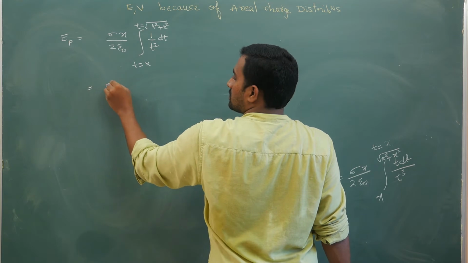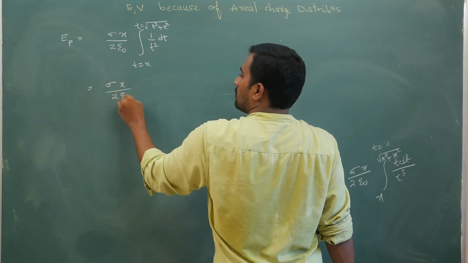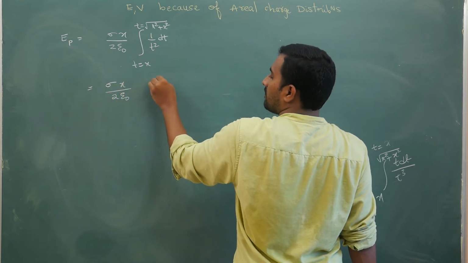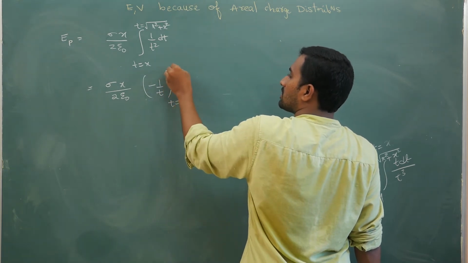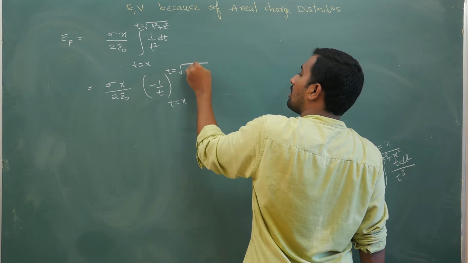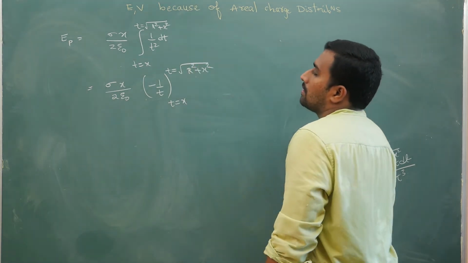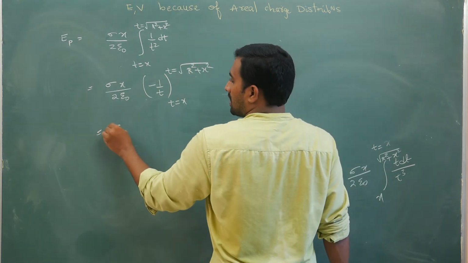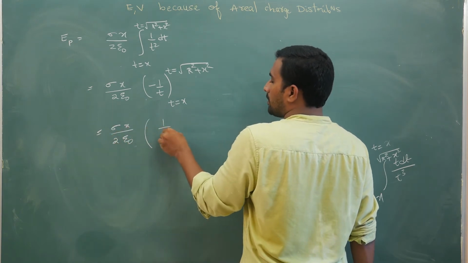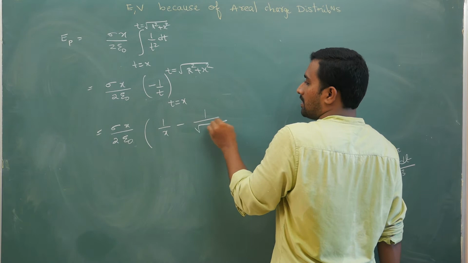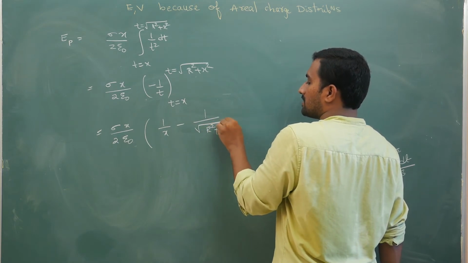So that will give you sigma x by 2 epsilon naught times the integral of 1 by t square, which is minus 1 by t, from t equal to x to t equal to under root r square plus x square. If you are substituting properly, you will get 1 by x minus 1 by under root r square plus x square.